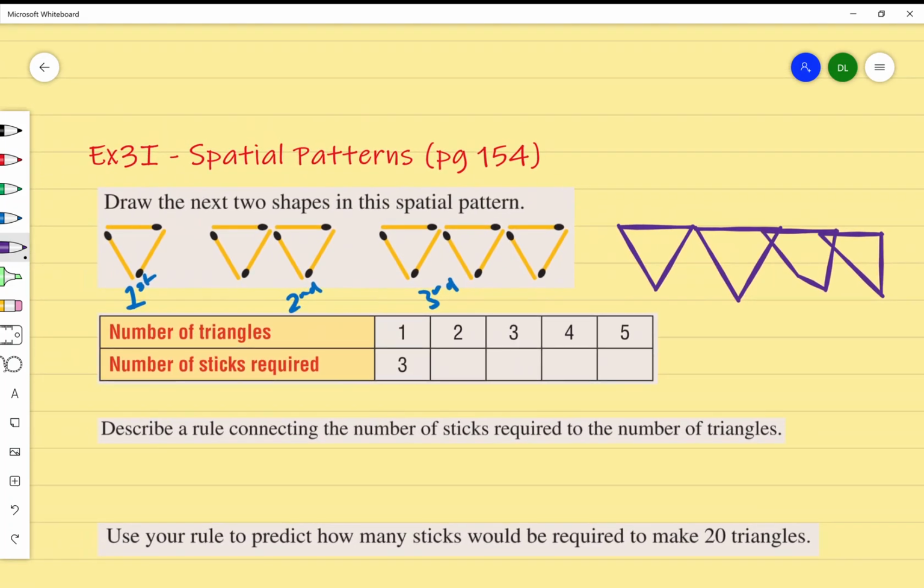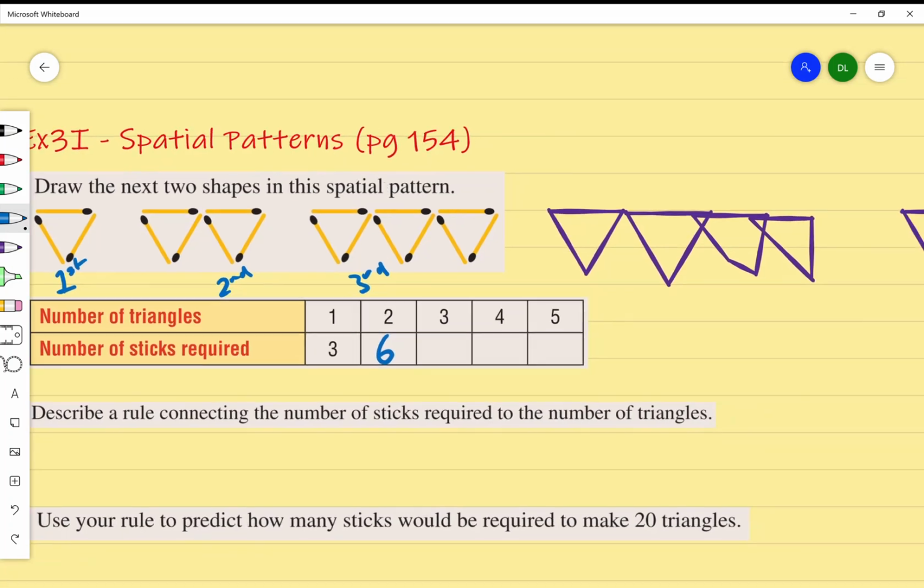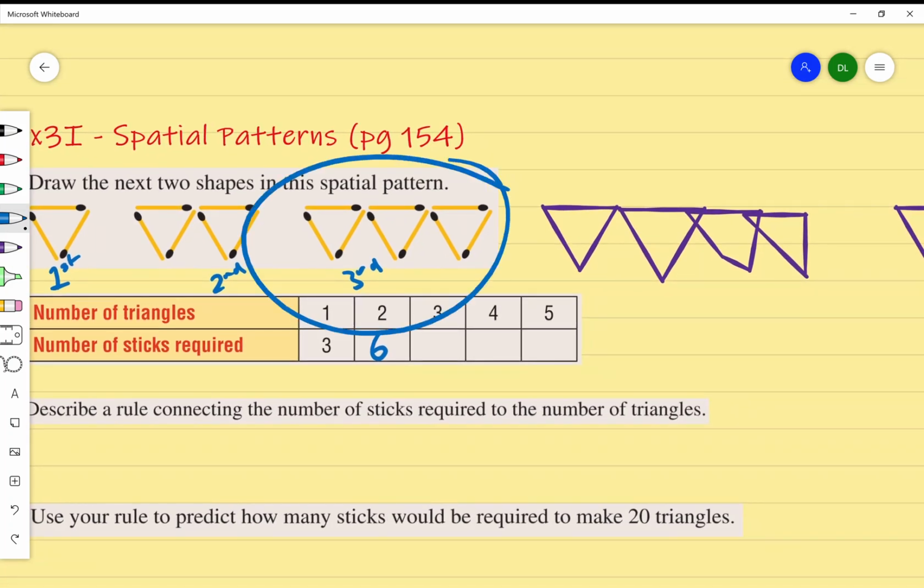What do we have to fill in, Xavier? Number of triangles. So we got the number of triangles in each one. We're looking for the number of sticks. So in the first one, how many sticks did we need? 3. How many sticks did we need for the second one, Xavier? 6. So what did you do? I doubled. You doubled it? Okay. Taylor, how do I find the third one? How many sticks in the third one? Okay, what do you get? 9.